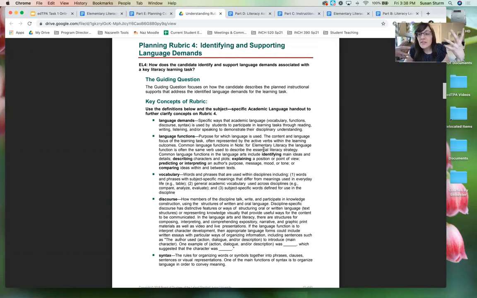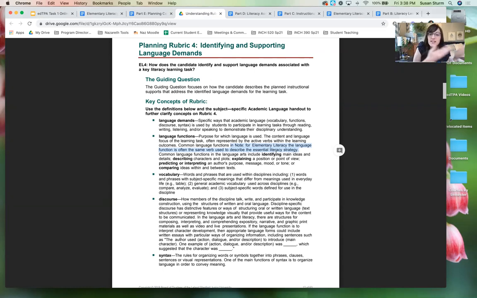The content and language focus of your learning task, also represented by active verbs within your learning outcomes. So what I tell everybody is to look at the strategy that you picked, look at your learning objectives, find a verb that works. Really, this is going to come from your essential literacy strategy. It even says, in the note for elementary literacy, the language function is often the same verb as your essential literacy strategy.